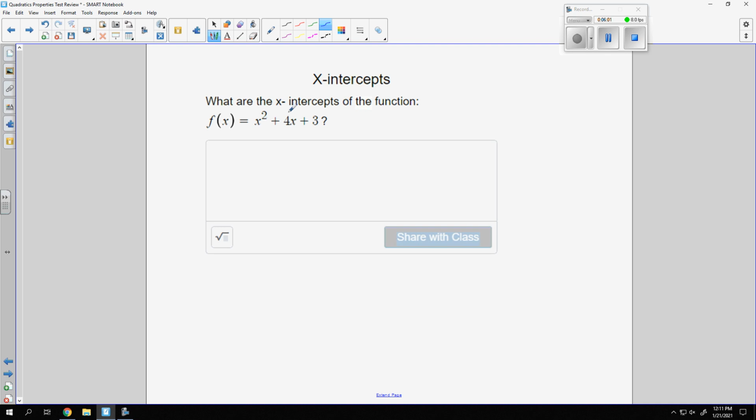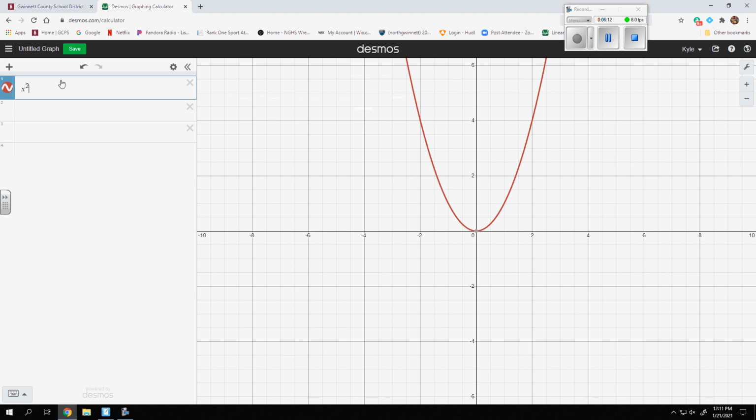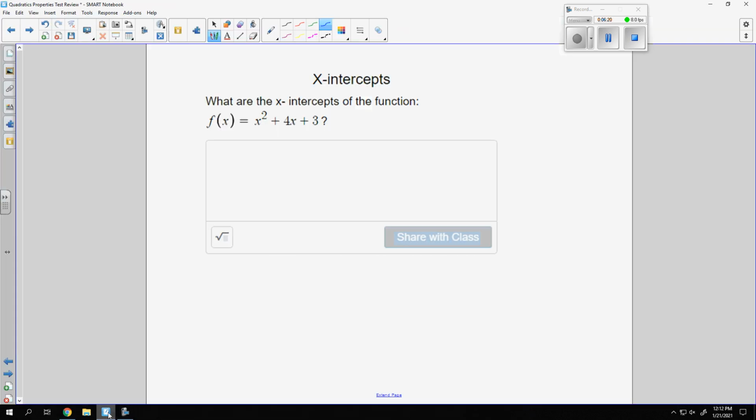And once you get another one in standard form, x-intercepts, help me remember 4x plus 3. Going to plug that in. It's a positive 4x plus 3. Let me make sure that is correct.